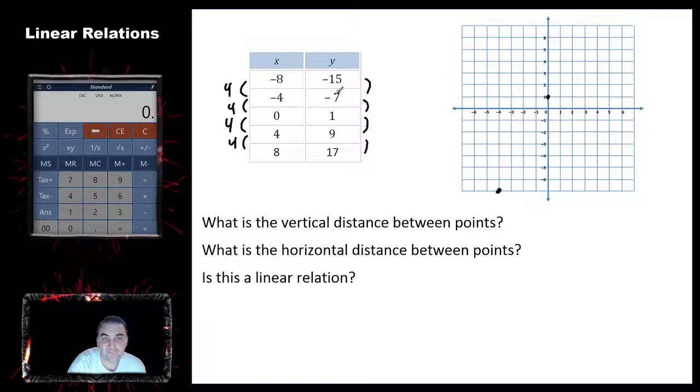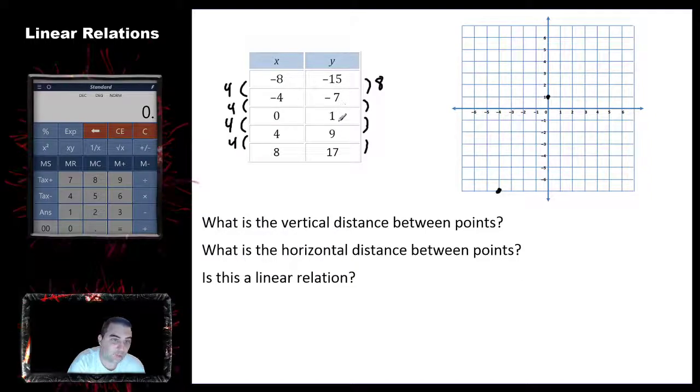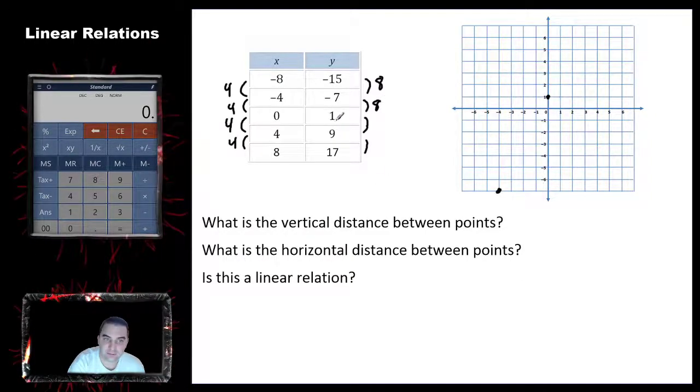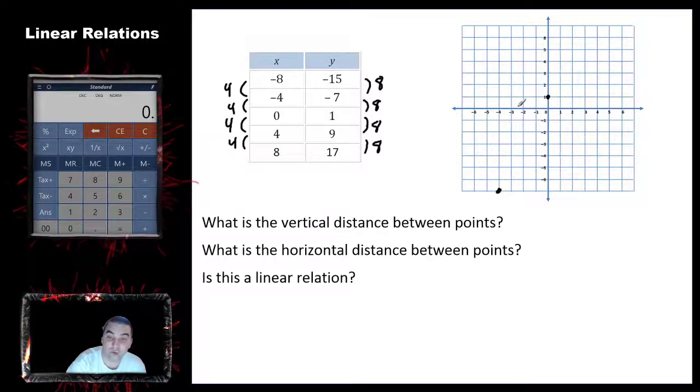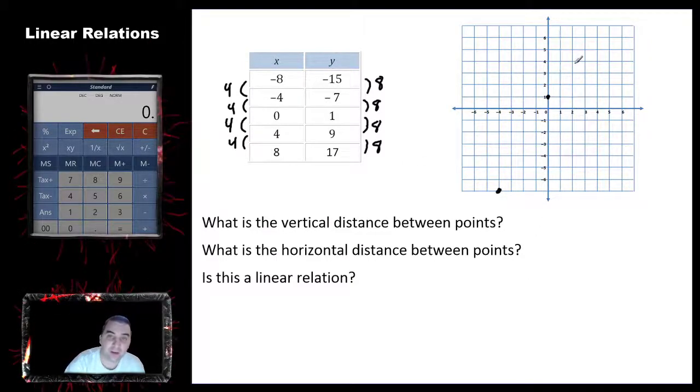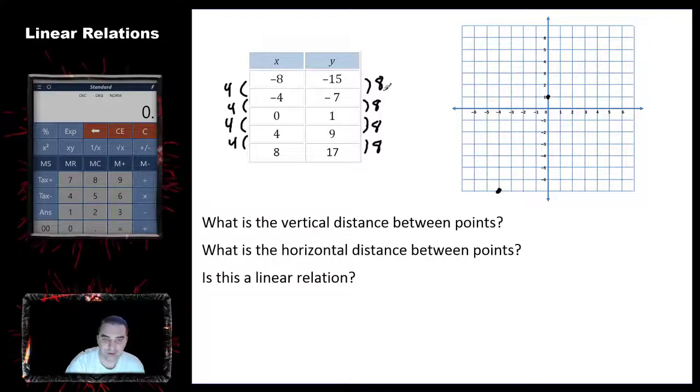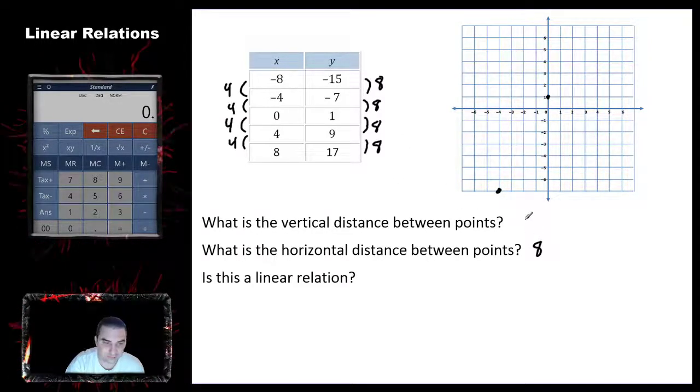Okay, so -15 to -7 jumps by 8. -7 to 1 also jumps by 8. 1 to 9 by 8. And then 9 to 17 also jumps by 8. So for every increase of 4x, it goes up by 8 every single time. So that's perfect. So horizontal distance is by 8, and vertical distance between points is by 4.